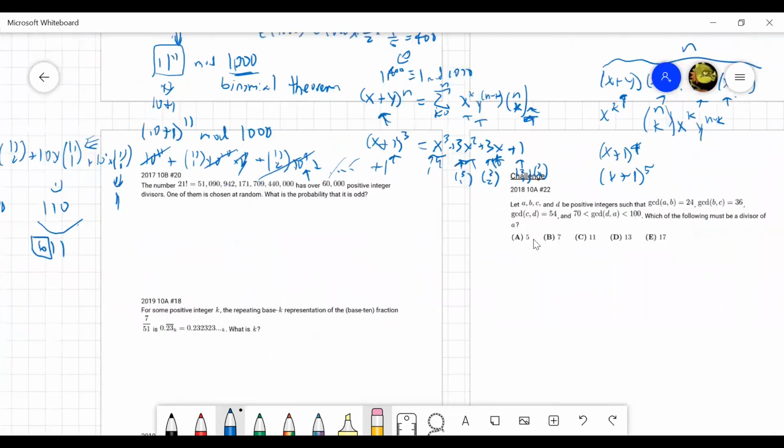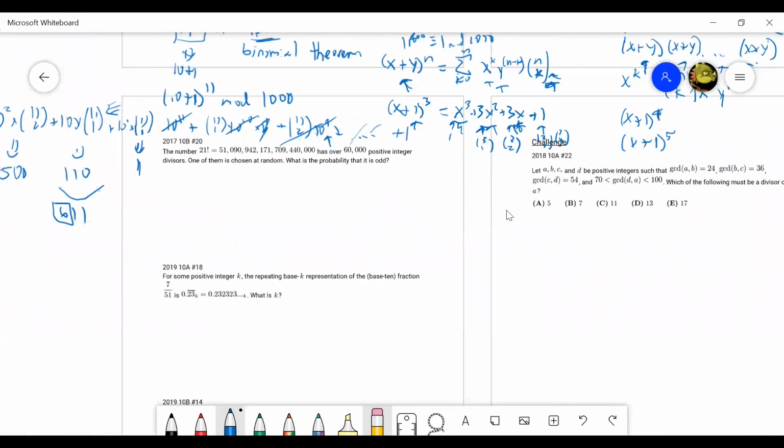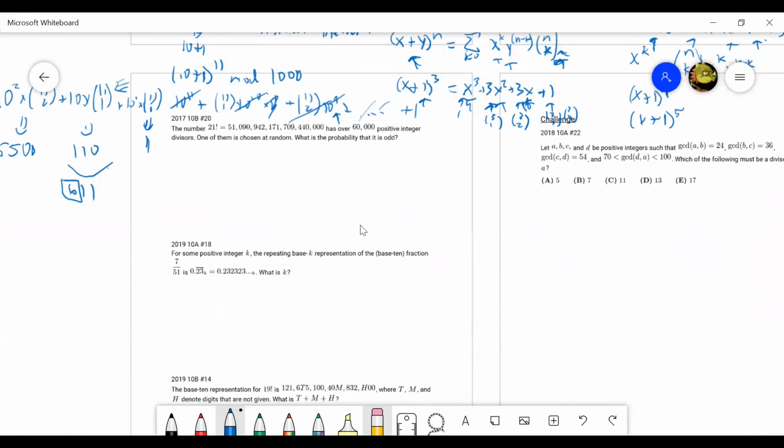All right. So next we have this one. This is a factorial problem, and it's not very relevant to factorials, but the number 21 factorial is equal to a very large number, and it has a very large number of divisors. One of them was chosen at random, what is the probability that it is odd?